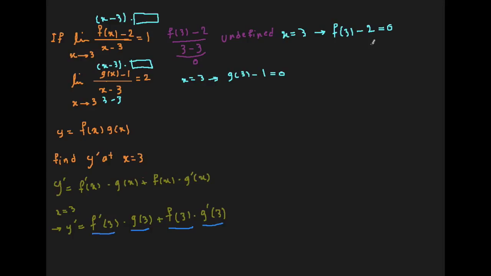Wow, and the good thing is that from here you can find one of the values that we were looking for. We can find out what f of 3 is, which is 2. And the same thing for g of 3: g of 3 is 1. Great.